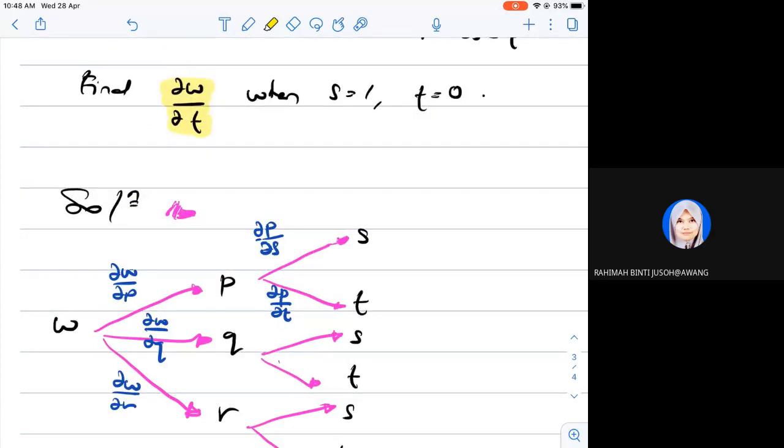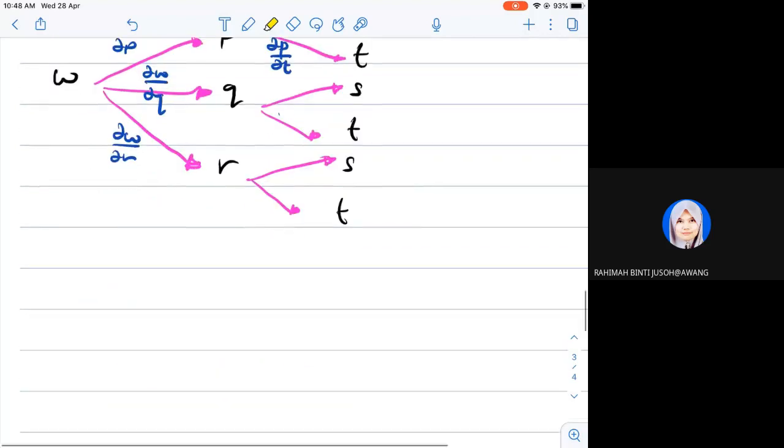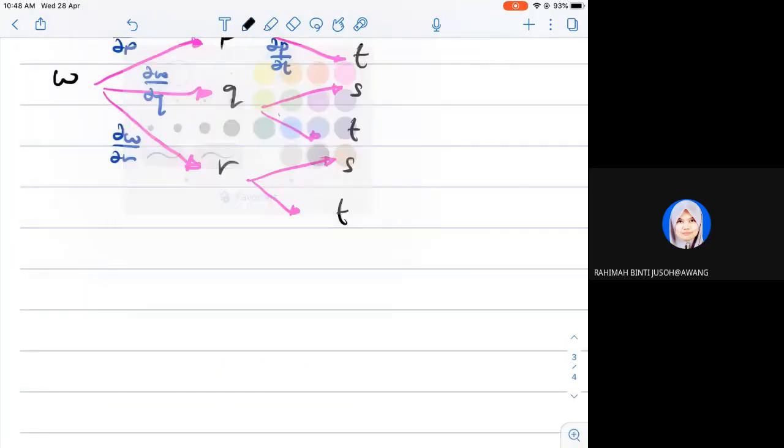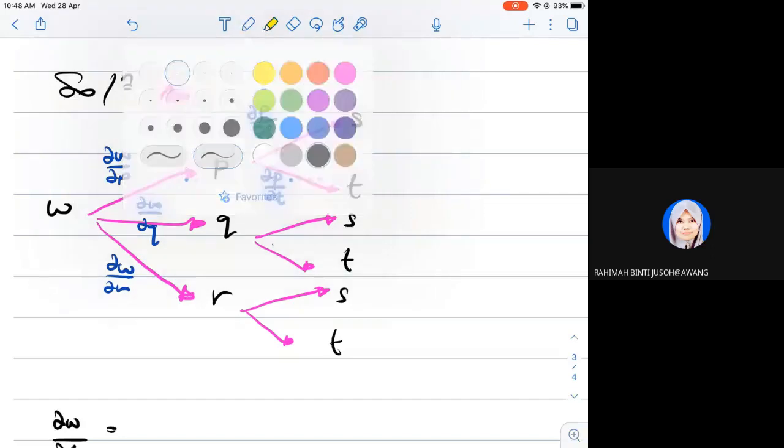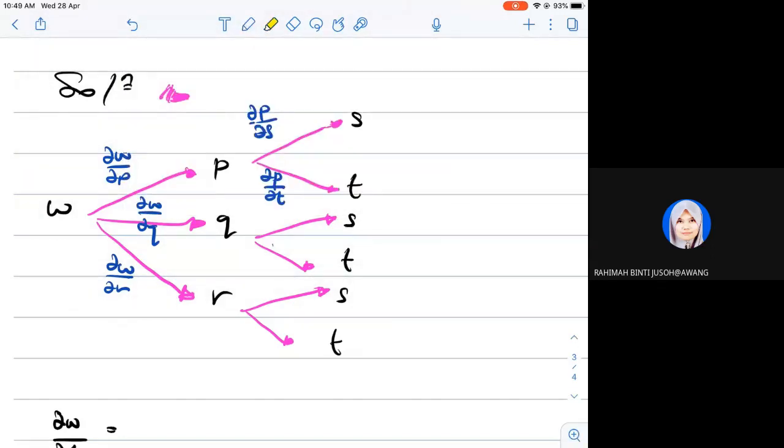Berbeza dengan soalan first tadi. Okay, so now jom kita buat kita punya formula chain rule kita. So del W over del T equals to, okay. So we need to identify the path.